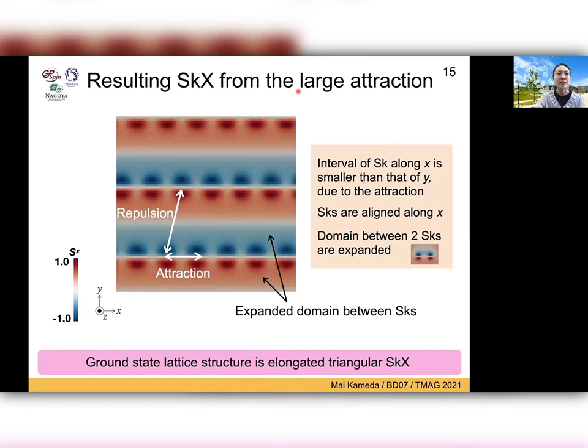The resulting lattice structure is a distorted triangular lattice. The distance along the x-axis is smaller than that of the y-axis due to the large attractive interaction. Interestingly, the domain between two skyrmions is expanded along the x direction.